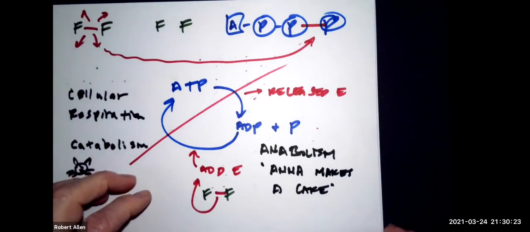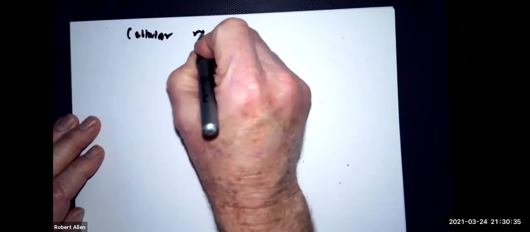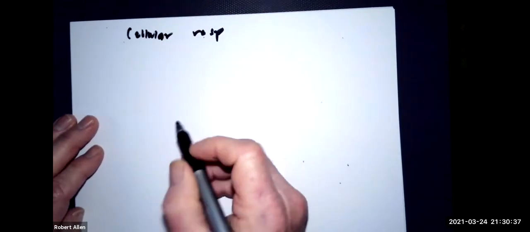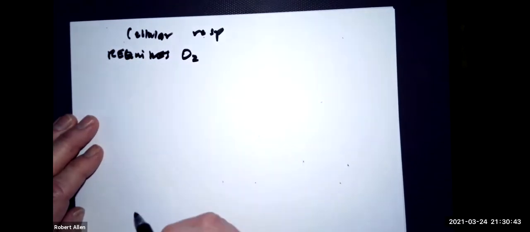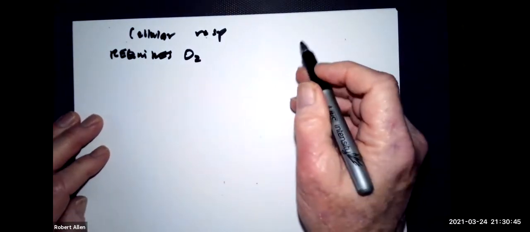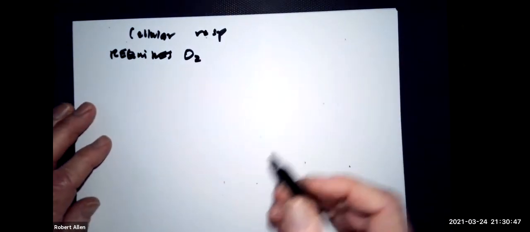All righty, moving on. So there are two types of cellular respiration, basically two types. One type requires oxygen, and the other kind does not work with oxygen at all.